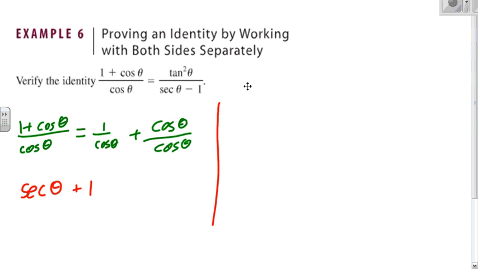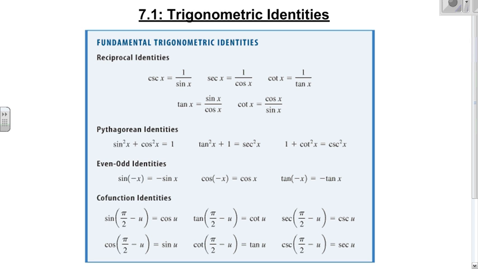On the right-hand side, we have tangent squared over secant minus 1. If we go all the way back and look at our identities, there's a Pythagorean identity with tangent squared and secant squared.